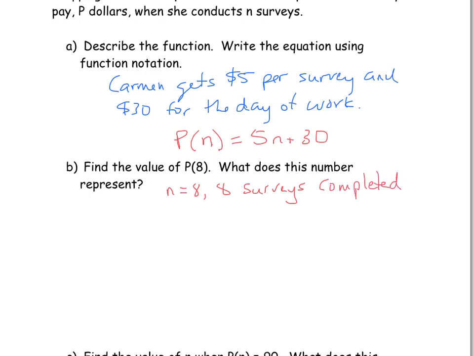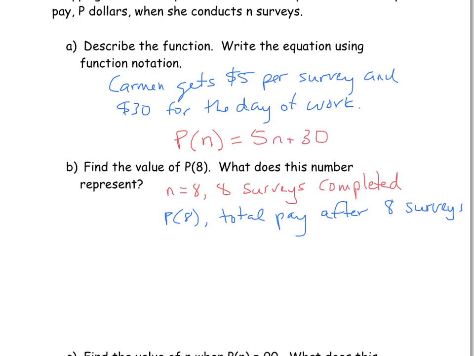Now to find the value of p of 8, we first need to understand what p of 8 means. P of 8 would be her total pay after 8 surveys. So n equals 8 represents the 8 surveys completed, and p of 8 represents the total pay after 8 surveys.